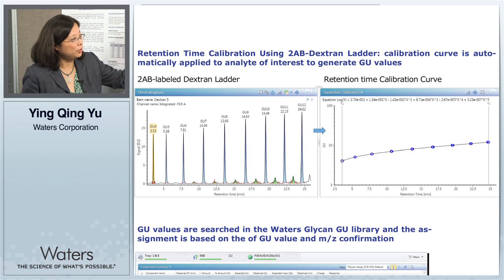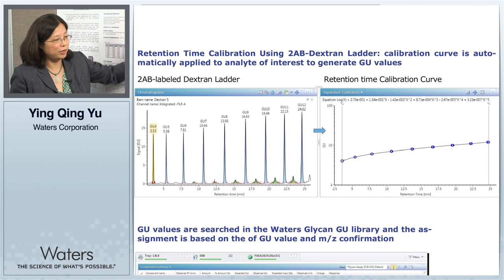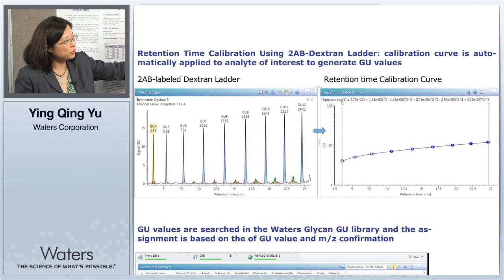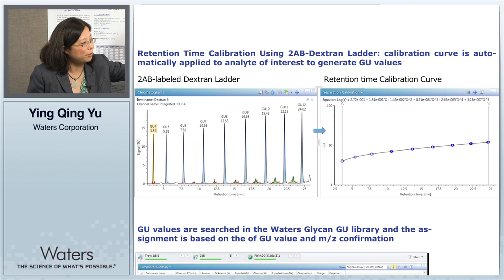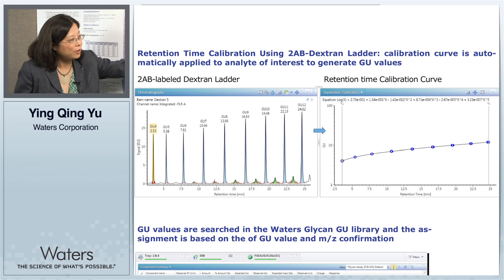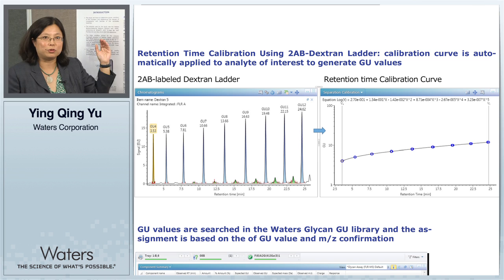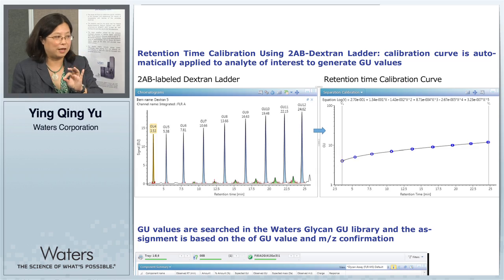First, you will run the 2-AB labeled dextran standards, and then you run your unknown sample. The dextran ladder standards will be automatically processed to create a calibration curve. This retention time calibration curve is then applied to your unknown sample, so each glycan unknown peak will be assigned a glucose unit value.